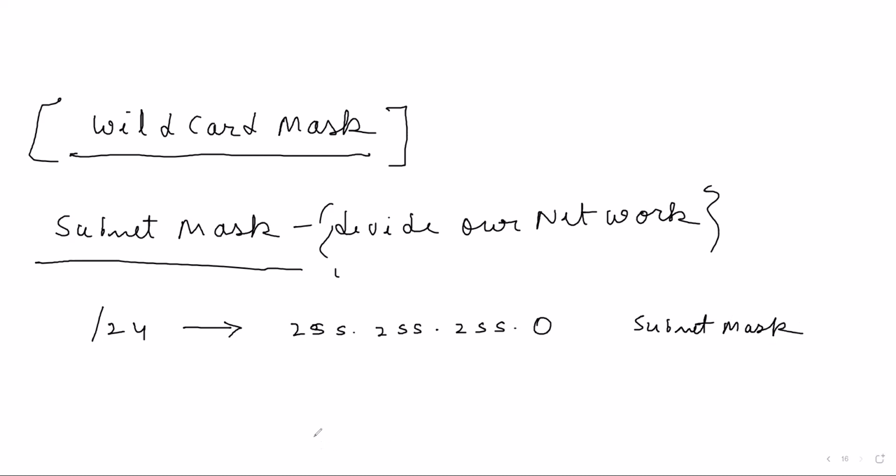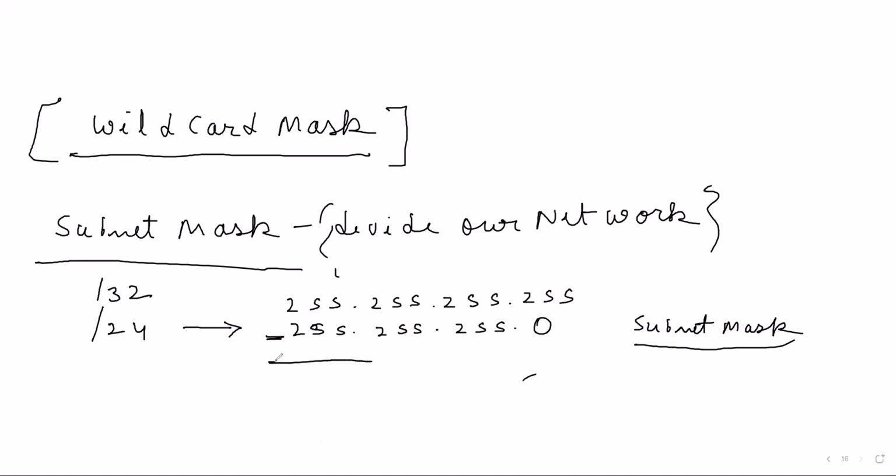If someone asks me what the wildcard mask of this is, what I will do is subtract from /32. So I think 0.0.0.255. So this is my wildcard mask. Did you get how to find the wildcard mask?